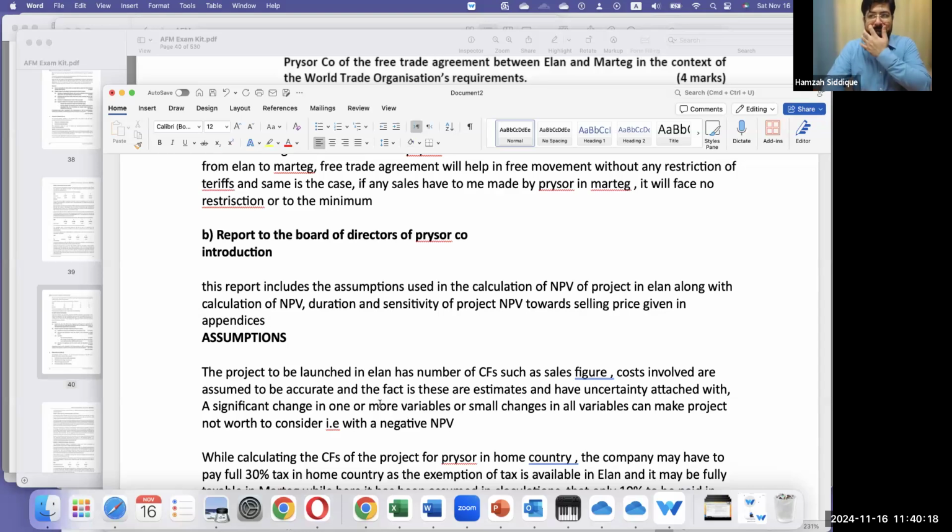And then followed by, moreover, significance of the sensitivity and duration has been discussed.